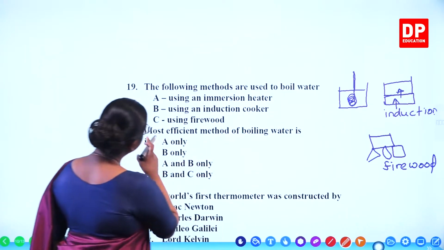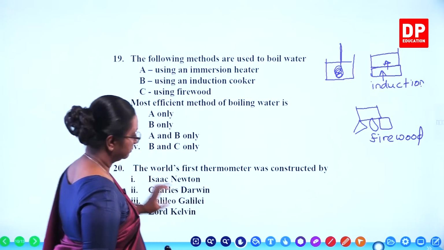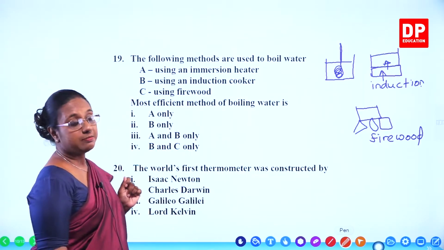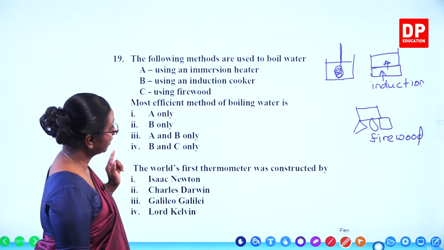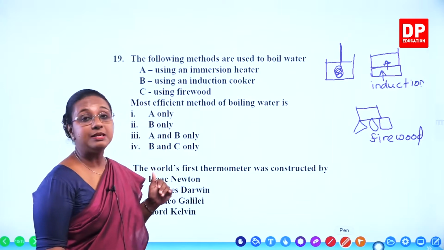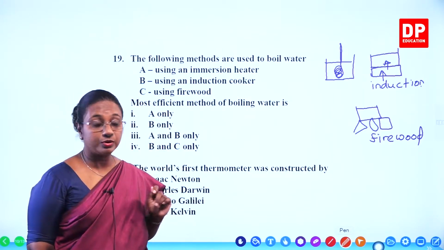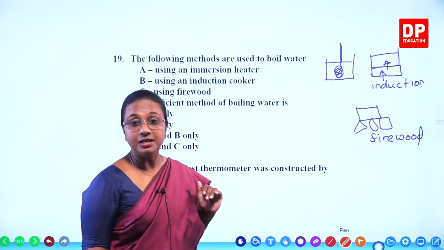So then, if we look at the question. A is using an immersion heater. There all the heat is given to water because the heater is immersed inside water. When using an induction cooker, the vessel is directly in contact with the cooker.